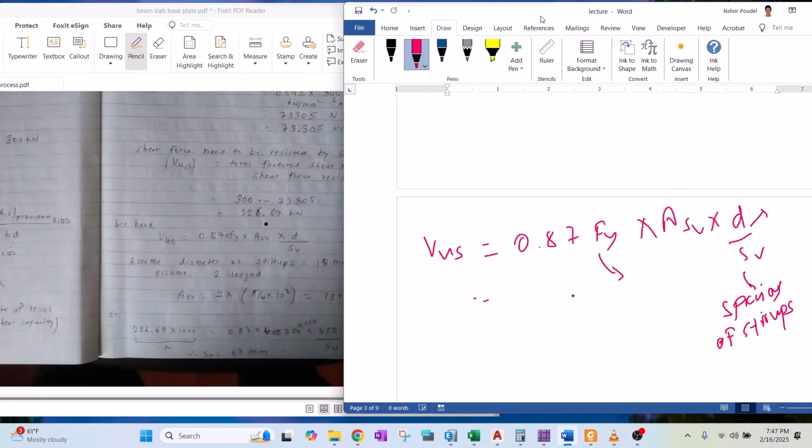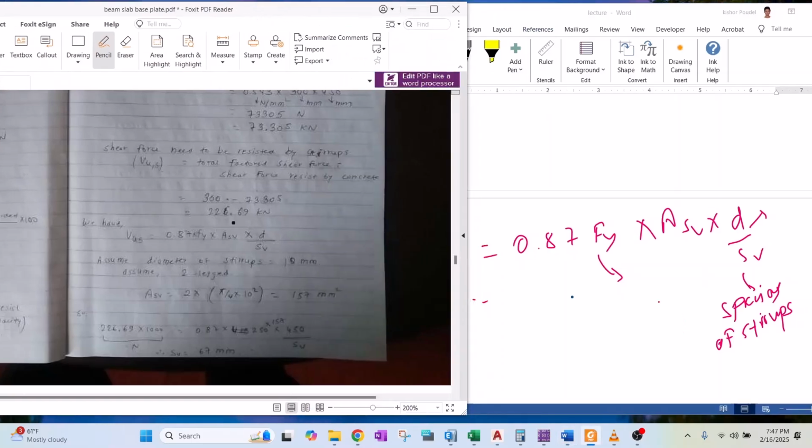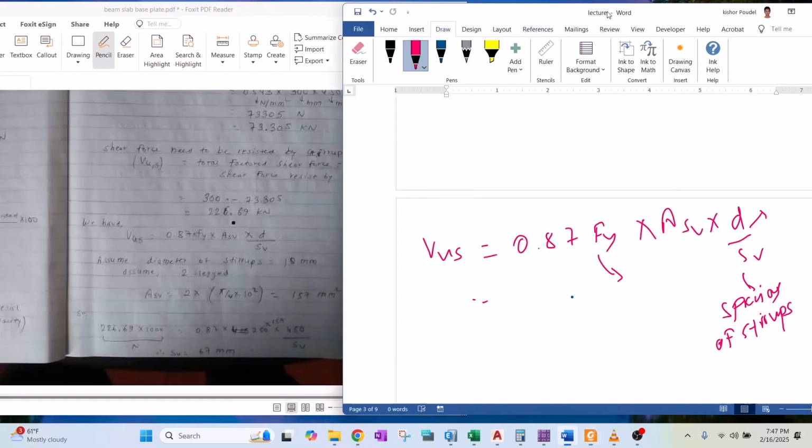Okay, so what is Asv? Asv is the area of these vertical stirrups. What does that mean? For example, this is the cross section of the RC beam, and these are the reinforcement provided here.